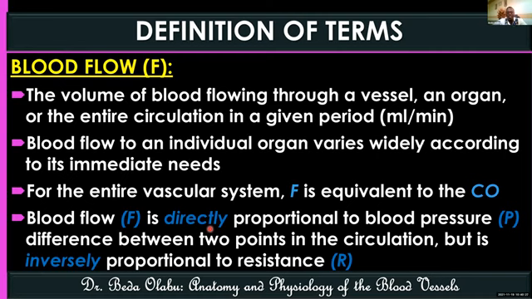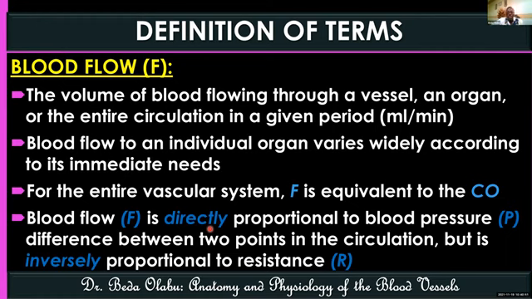So I'm saying that blood flow is directly proportional to the pressure difference between 2 points in the circulation. However, blood flow is inversely proportional to the resistance to blood flow. The factors that prevent that blood from flowing is what we call the resistance. So if there's a lot of resistance, let's say there's occlusion, that's resistance. So that will inhibit blood flow.